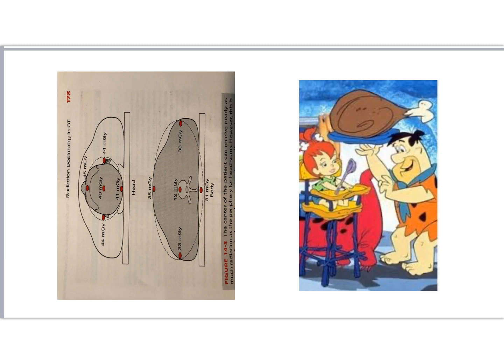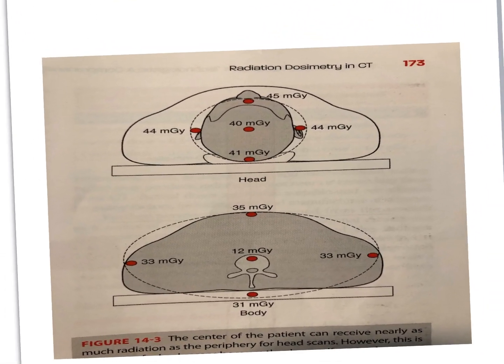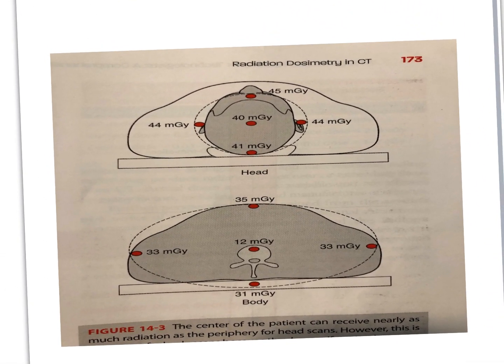Now, I know that this slide kind of messed up, so I'm just going to spin it around. Sorry. And this is what I'm talking about in terms of this comparison. This is more or less a cylindrical volume here, right? The head. And the dose is fairly evenly distributed around both the periphery and the internal portion of the scan.